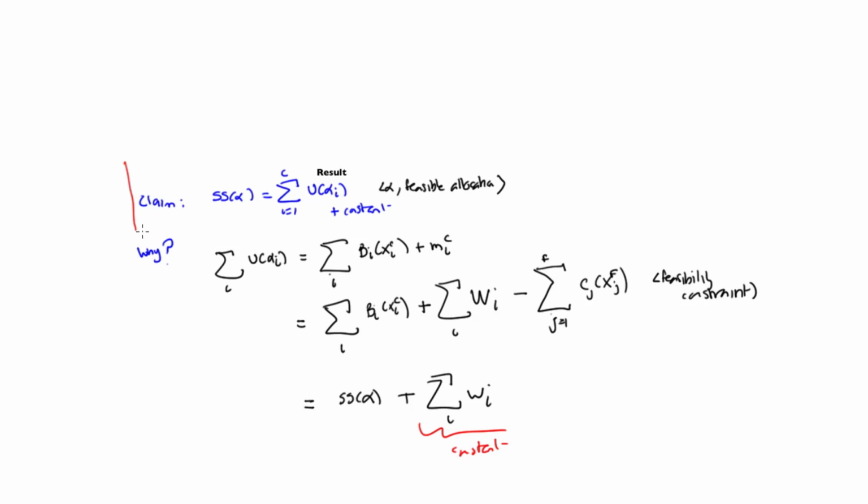This result is very remarkable because it's telling us that this measure of social surplus that we just built, which basically is the sum of the benefits minus the cost, it doesn't include the endowments, it actually tells us how the utilities are varying, the sum of the utilities, the total size of the pie, as we vary the allocation. In some sense, to know how total utility is changing, we don't have to worry about the distribution of M, and that is very useful.